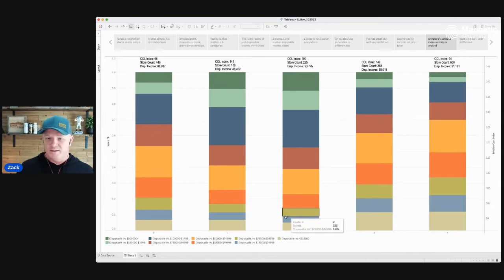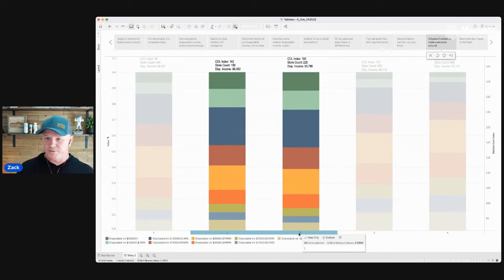If we just look at segment number 1 and 2 here, this is again your same share chart for disposable income. It doesn't look that different, right? This segment 2 is a little lighter on the low end, but everything else is pretty consistent. What is different is the cost of living between these 2 groups.